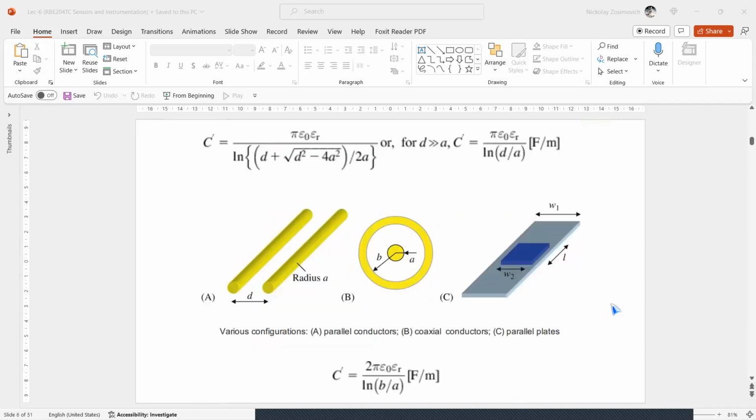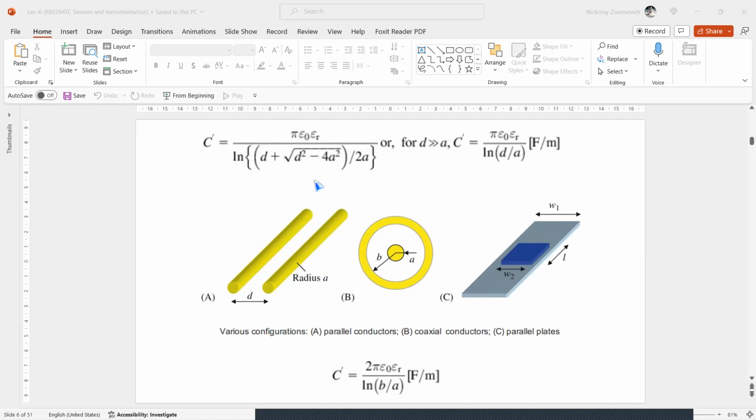For all kinds of configurations, the capacitance can be calculated. Two straight parallel conductors, as you can see in figure A, with radius a and a center spacing d, have a capacitance per unit length according to this equation.